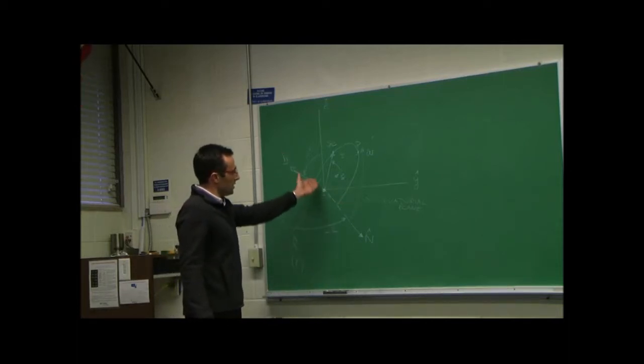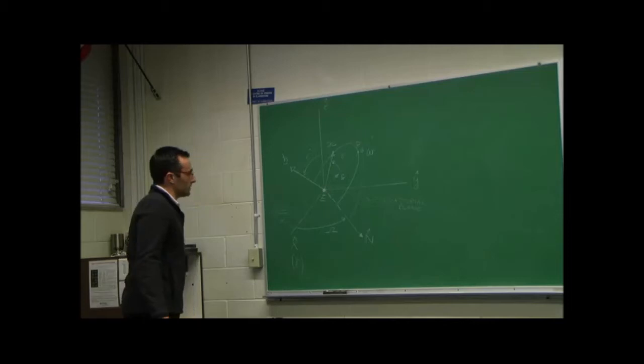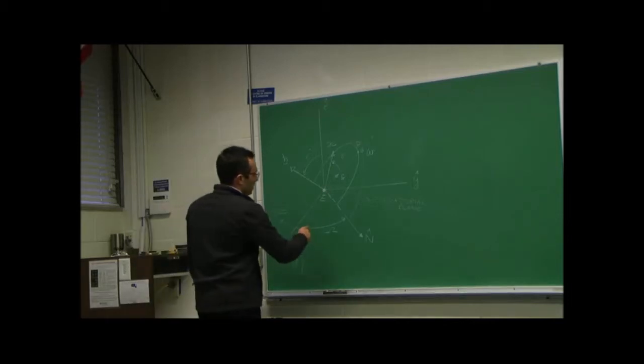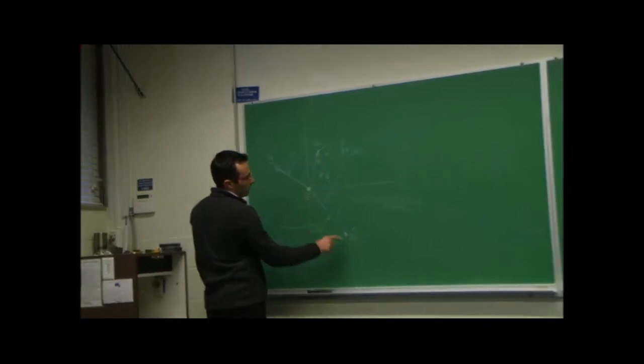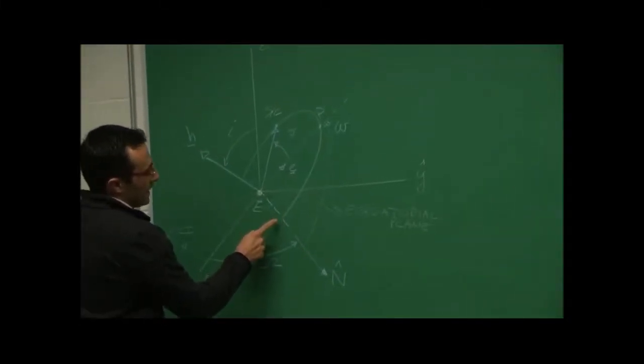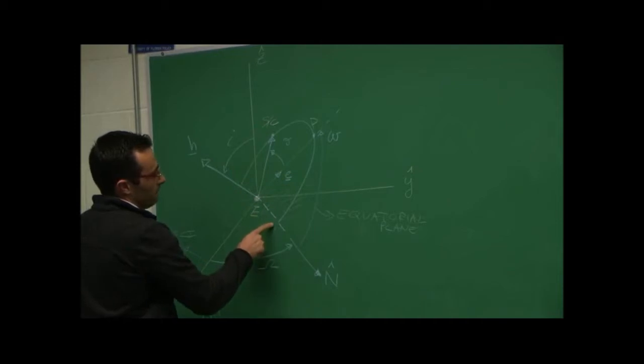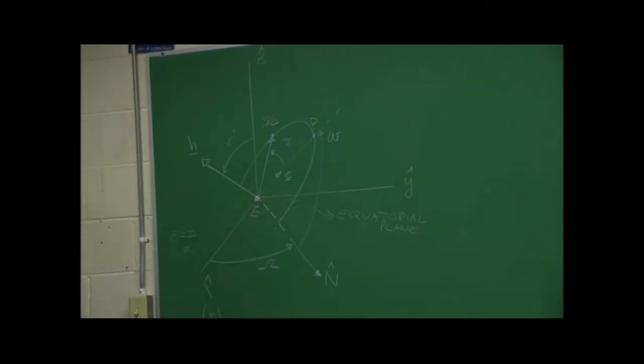Well, that intersection is defining the line of nodes, and we call the angle between the x direction and the portion of the line of nodes that sees the satellite going from south to north, we call that big omega, or right ascension of the ascending node.